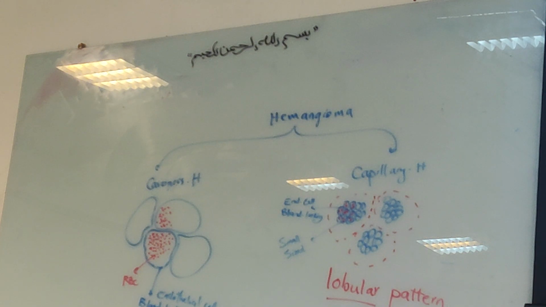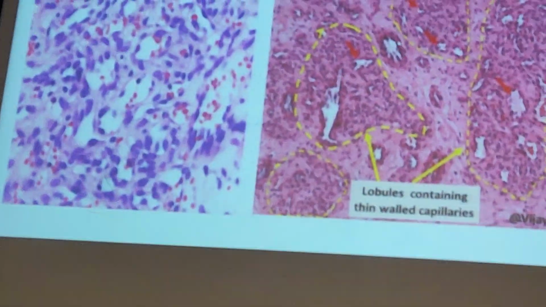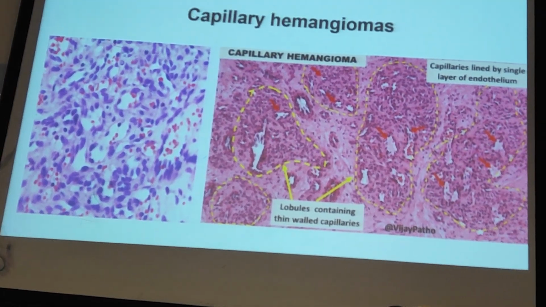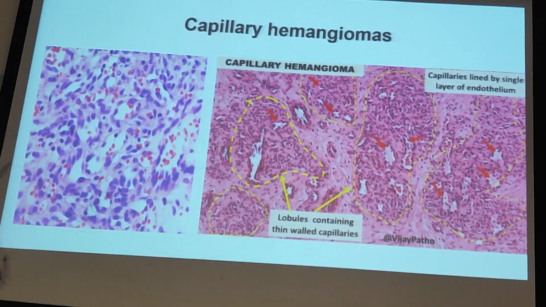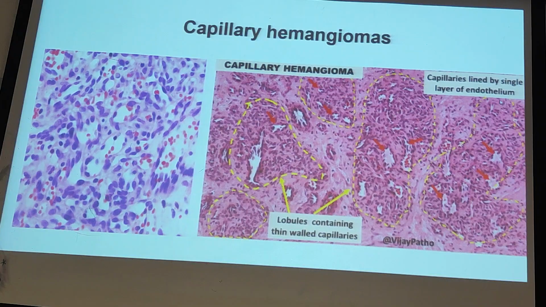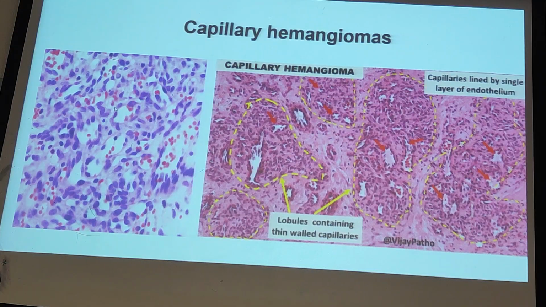And this is a microscopic feature of the cavernous hemangioma. But this is capillary hemangioma. You see some lobules containing thin capillary vessels that are really small sized. Their endothelium is really bland looking without any atypia or mitotic figure.